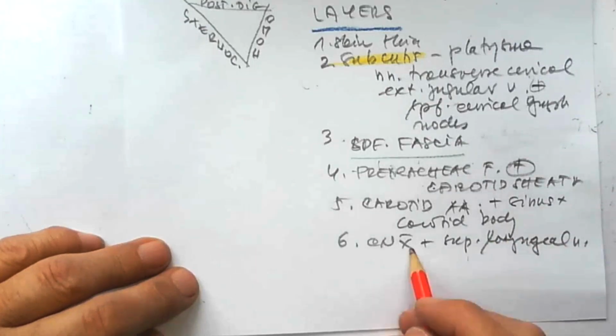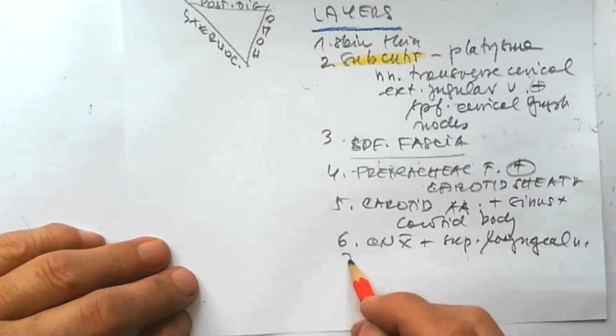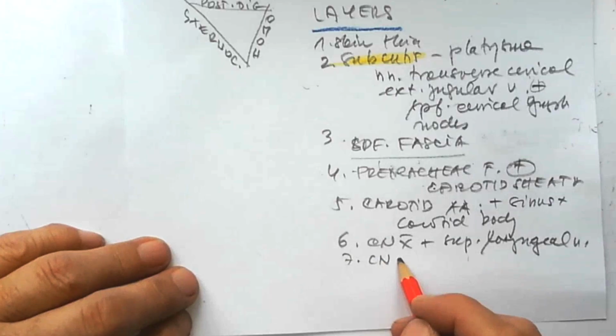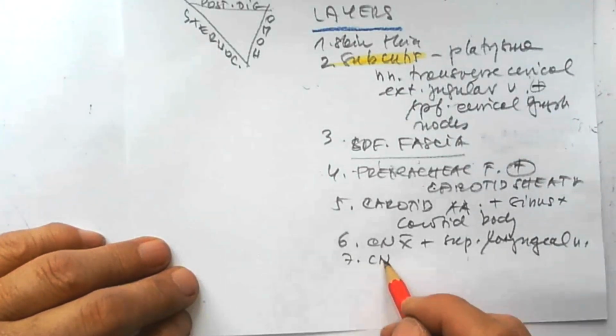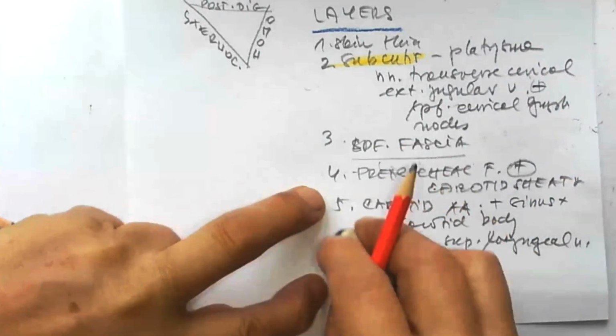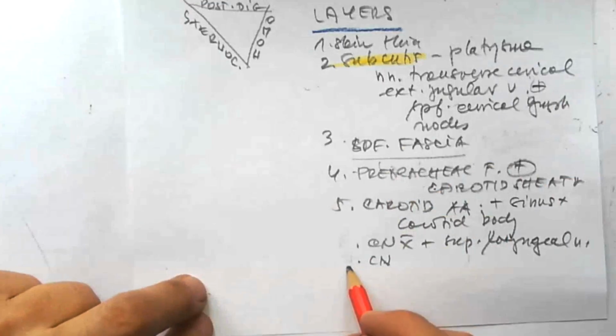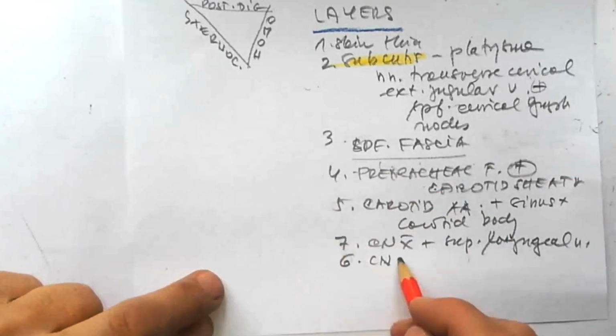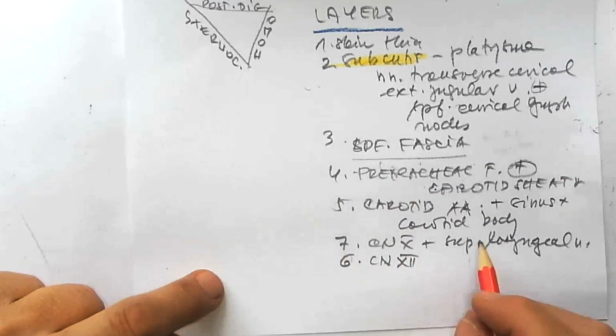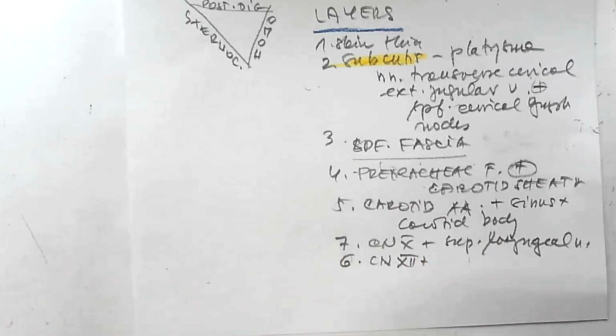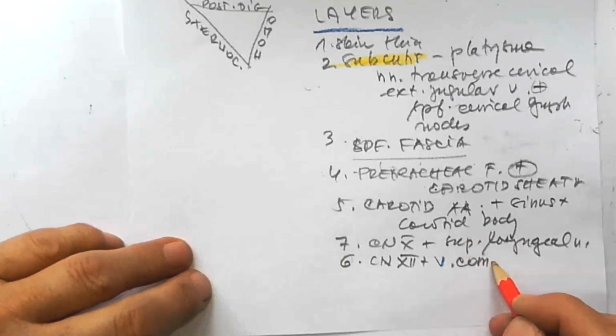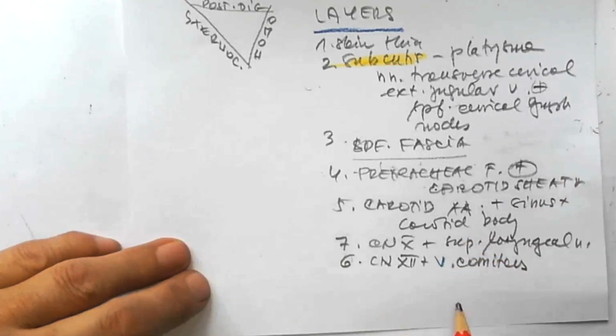Cranial nerve number 12 is more superficial, so please leave it, but just put number 6, and this is number 7. Cranial nerve 12 plus vena comitans are more superficial than the vagus, because it's seen.